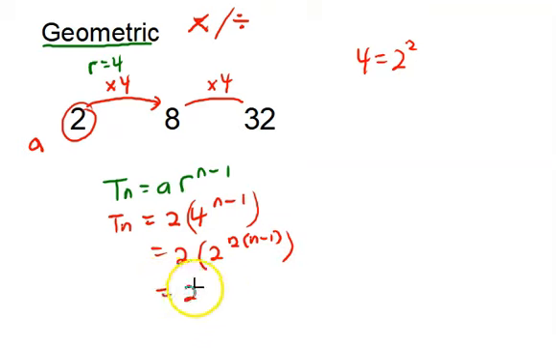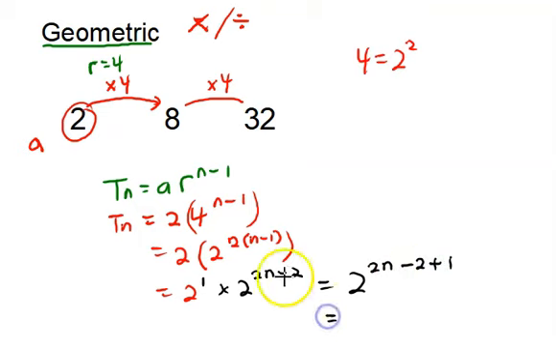So 2 to the power of 1 multiplied by 2 to the power of 2n minus 2. So we got 2n minus 2 plus 1. So your nth term for this sequence is 2 to the power of 2n minus 1.